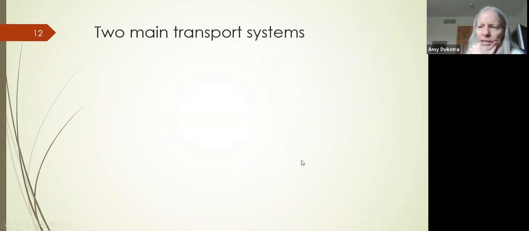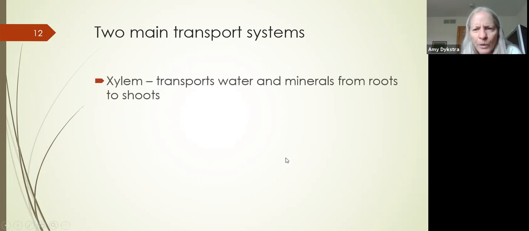Now, we talked about two main transport systems. Just to get these in your notes, the xylem, which I mentioned before, is what transports water and minerals from the roots to the shoots. This is a one-way flow upwards.